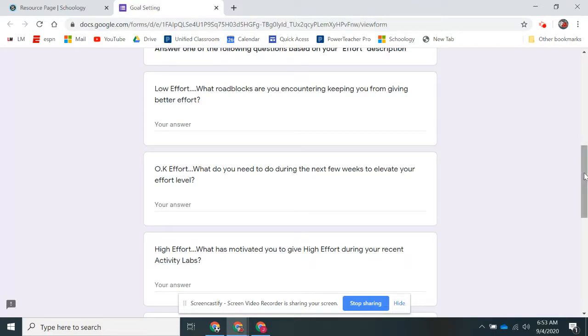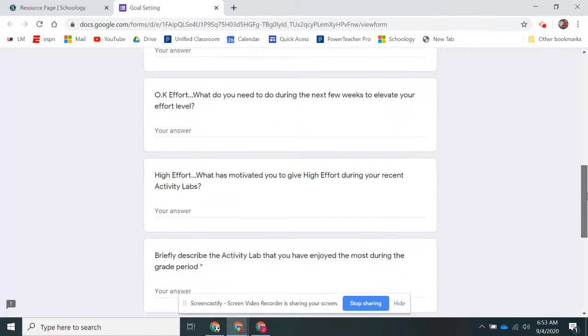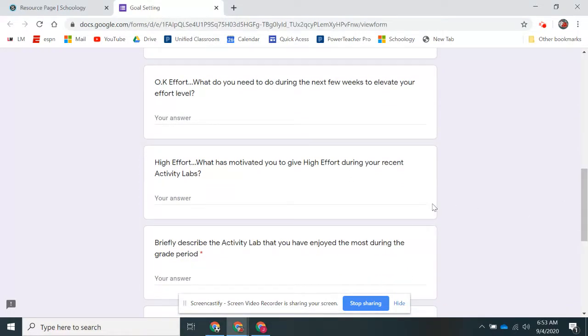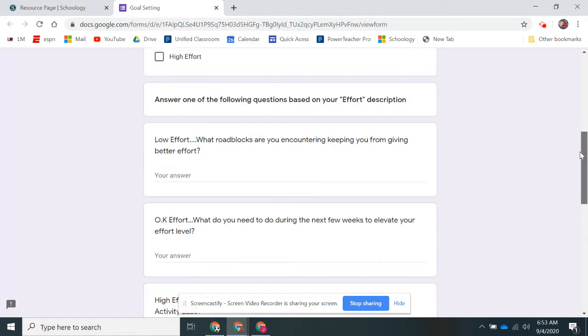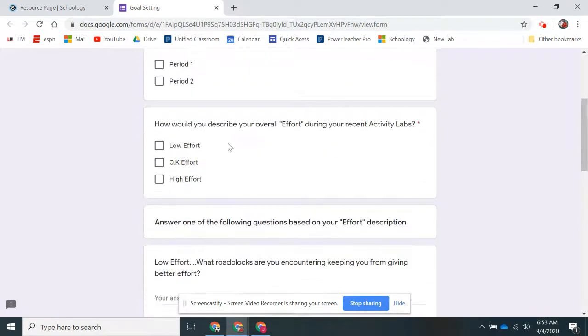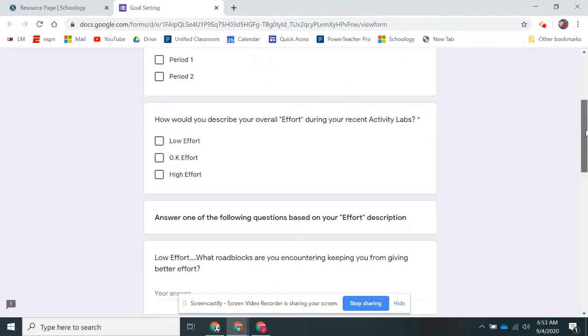Answer that one if that's what your effort level was as you reflected on it. If you reflected and thought that you gave high effort overall through all of your activity labs in the last grade period, then it's going to ask you what motivated you to give high effort. So briefly write out an answer to one of those questions based on what you said as an overview of your effort.